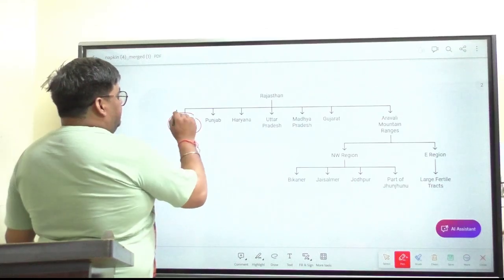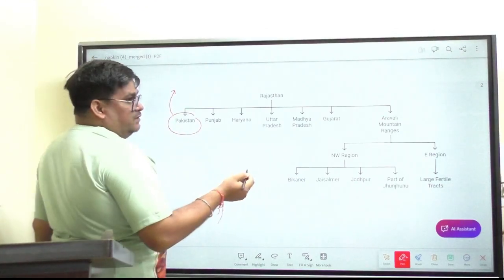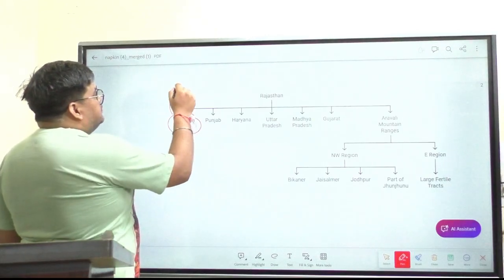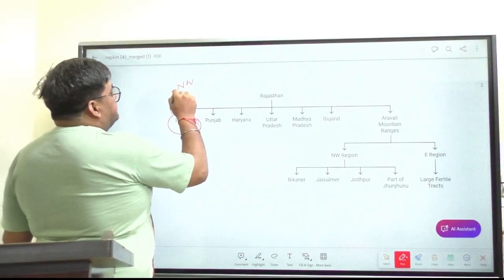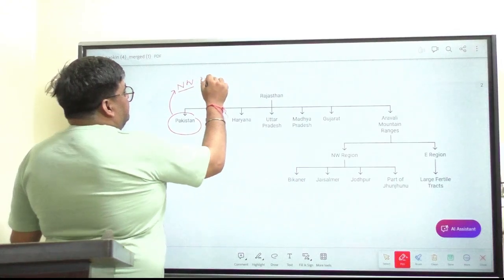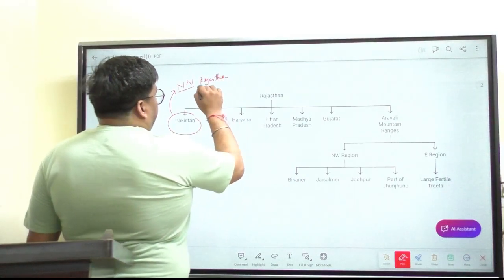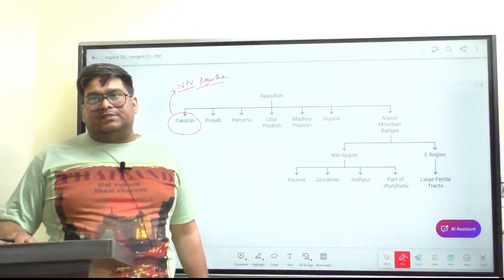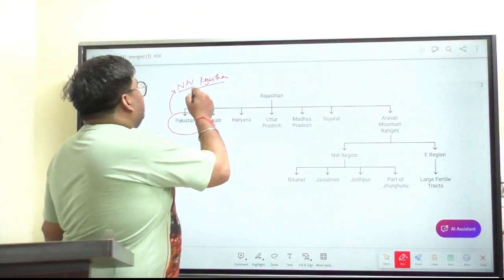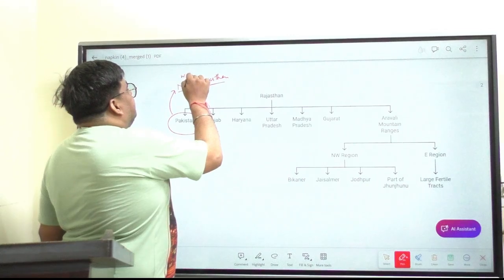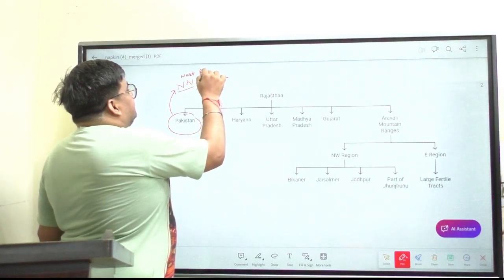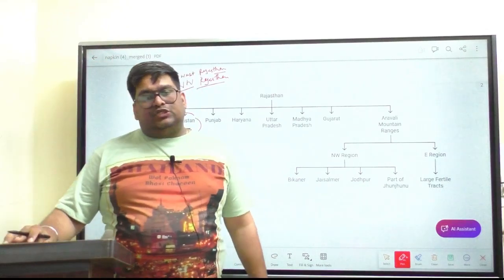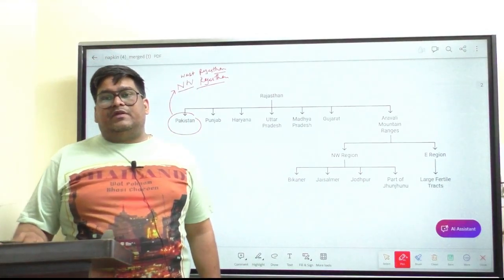Rajasthan shares an international boundary, specifically in northwestern Rajasthan. This is where the international border passes. It lies in the west and the northwest of Rajasthan. This is an international boundary. You are very well aware of it.